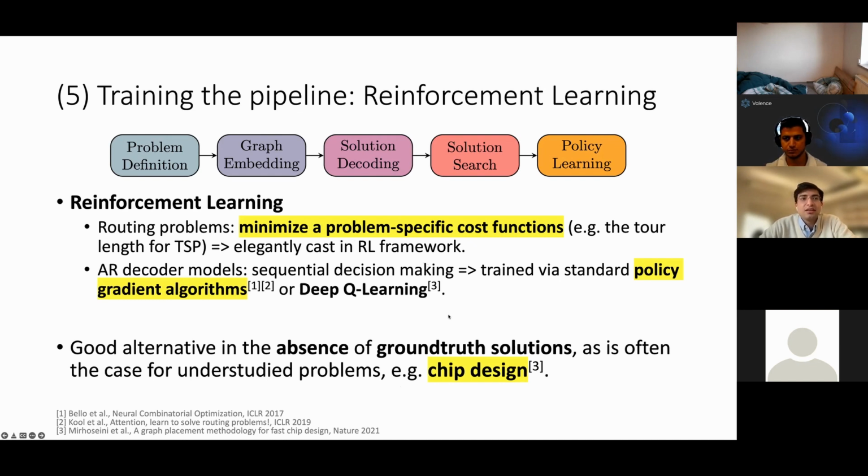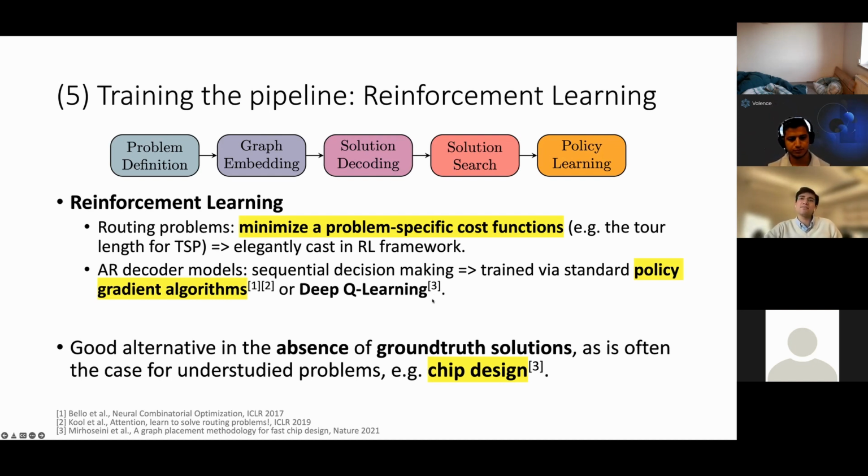And this is really great for those problems where you don't have ground truth solvers or ground truth solutions. For example, chip design, as we'll discuss later as well. So reinforcement learning can essentially allow you to do certain decision making on your graphs as long as you have a cost that you can minimize.